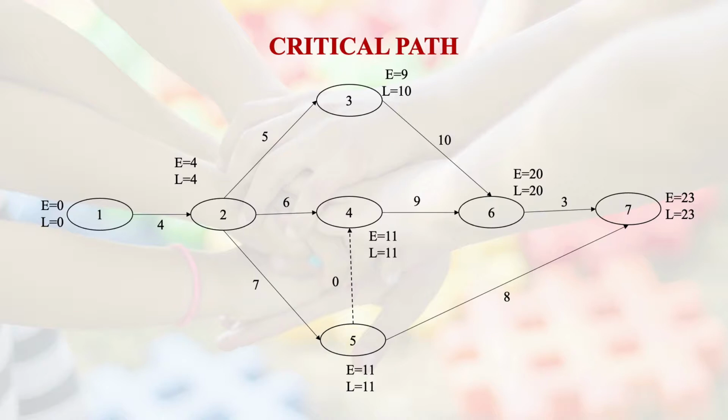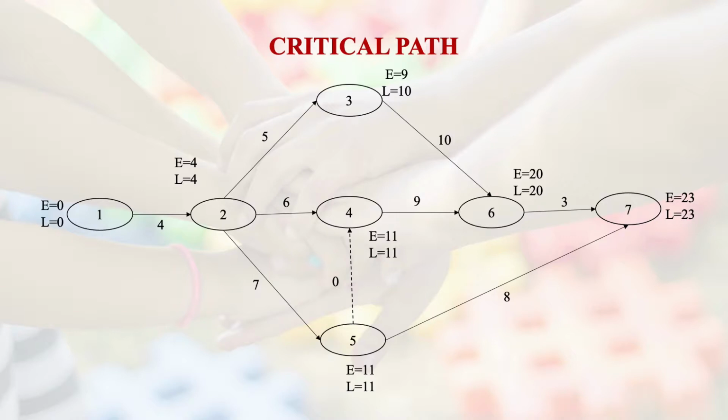That's a critical event. So 1 is a critical event because E equals 0, L equals 0. 2 is also a critical event because E equals 4, L equals 4. But 3 is not, because E equals 9 and L equals 10.